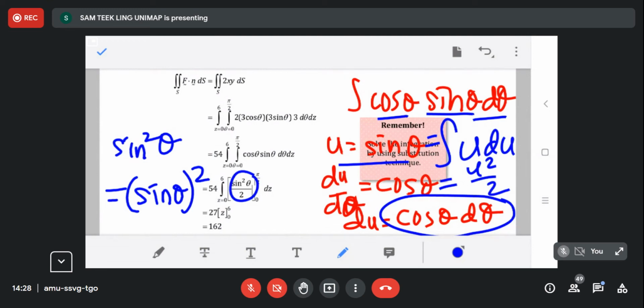This one is the same. So your u power 2 is sine power 2 theta. Don't say it's not the same. That one is the same.